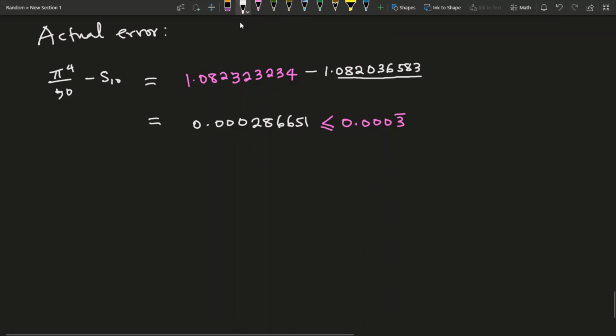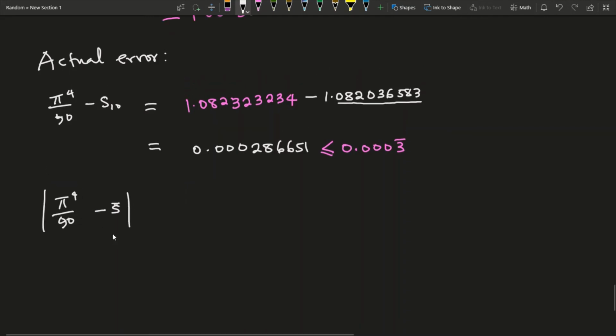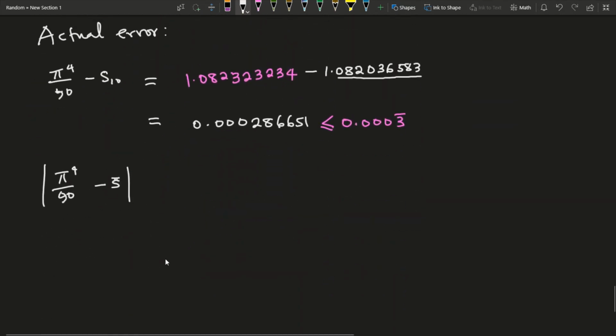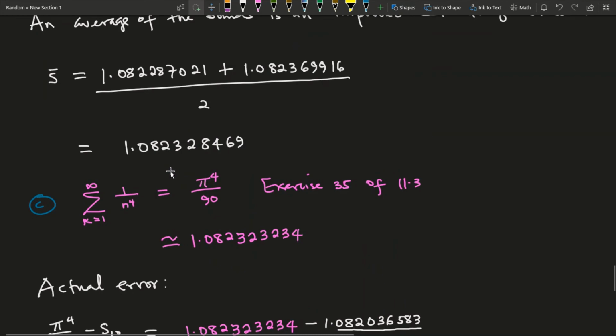Okay, so also the actual error in using the average of the bounds is this minus that estimate using the bound. We are not sure if it's to the right or left, so we put absolute value. This one is this, and then S bar is here.